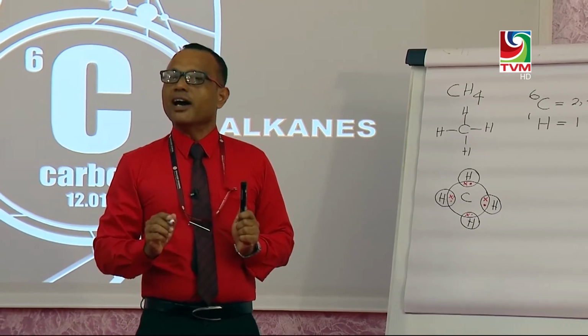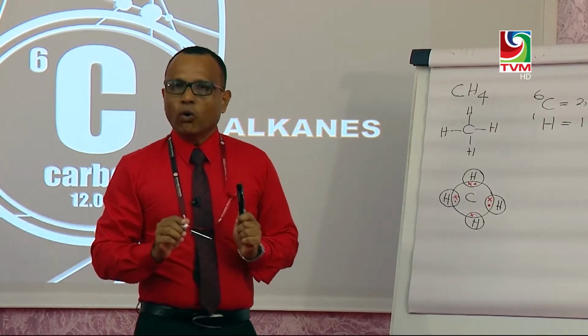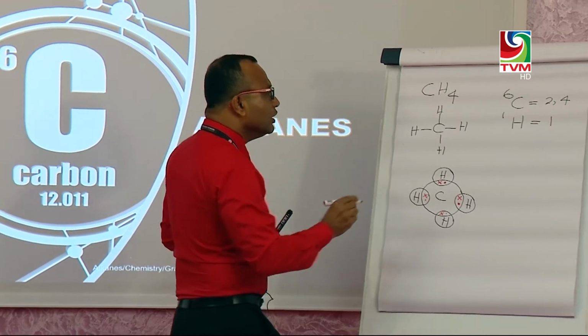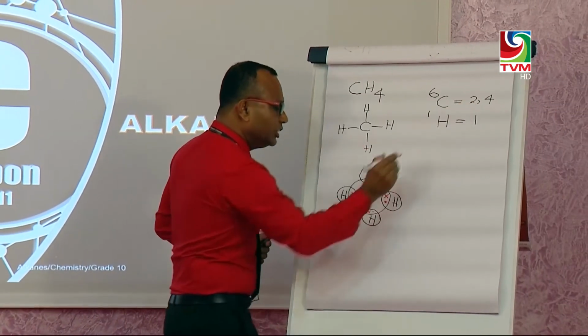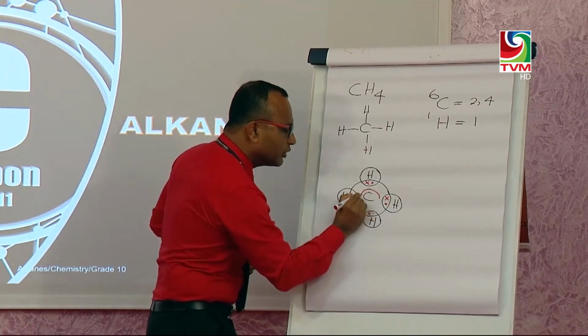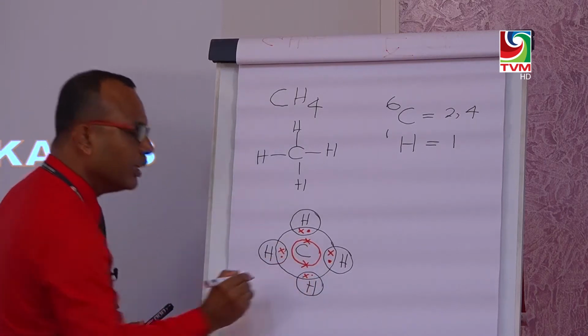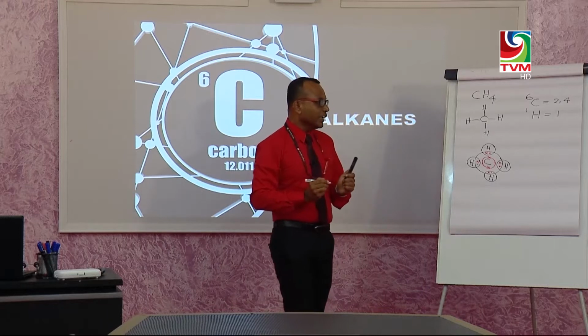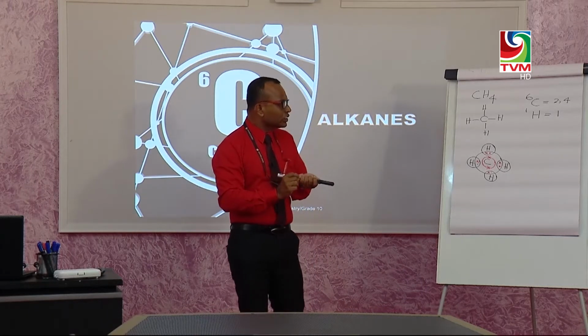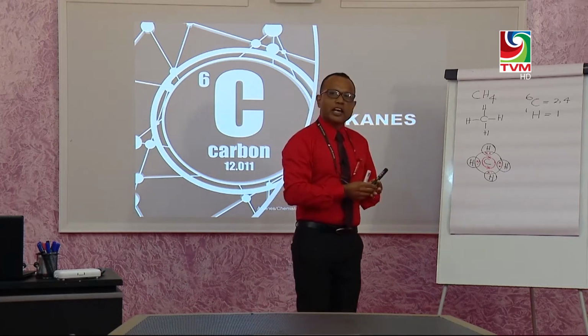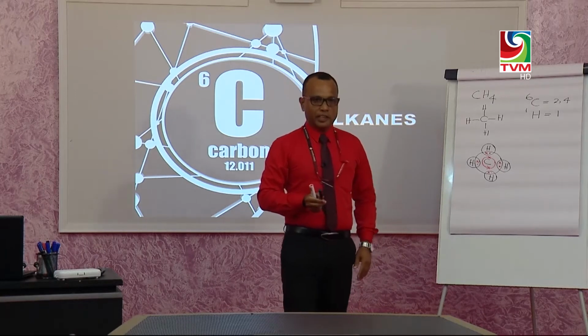If the question asks you to draw all the electrons, you need to draw the inner energy level of carbon, which consists of 2 electrons. I draw 2 electrons on the inner energy level. This is the dot and cross diagram showing all the electrons.